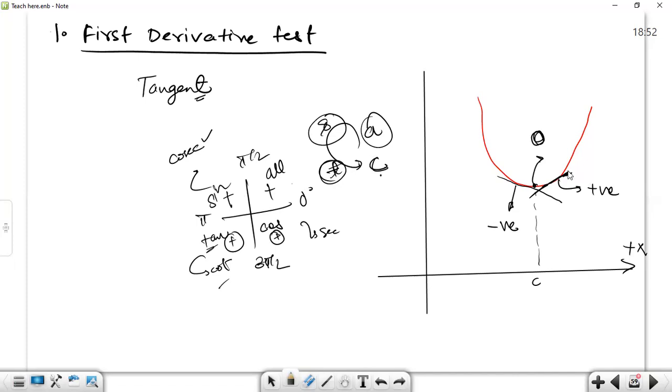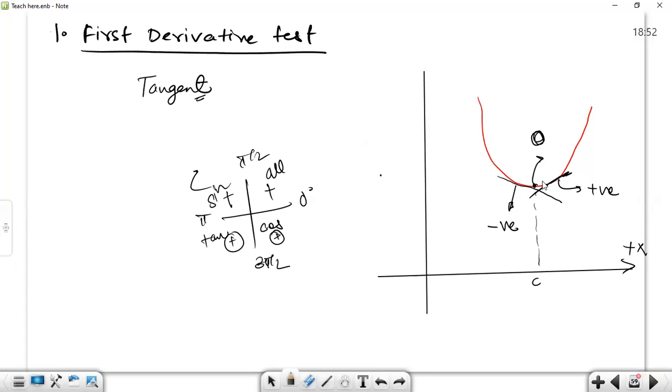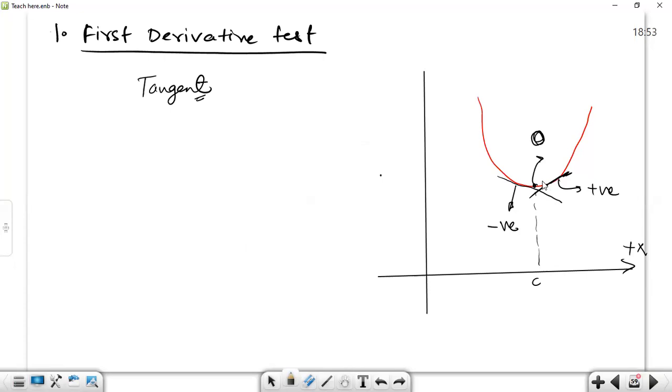So that's why the sign of the slope of the tangents would be minus before the critical point, and after the critical point, it would be positive. On the critical point, as you know, it would be zero. This is the case where we are able to see that this is a local minima.